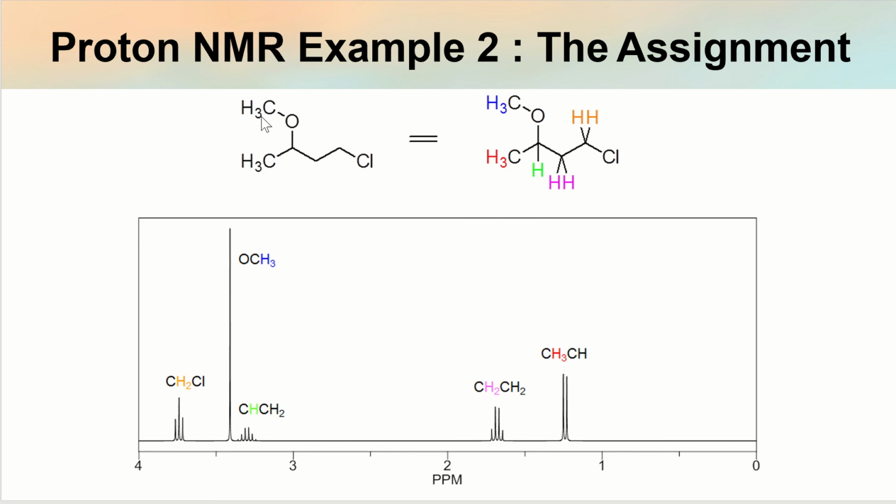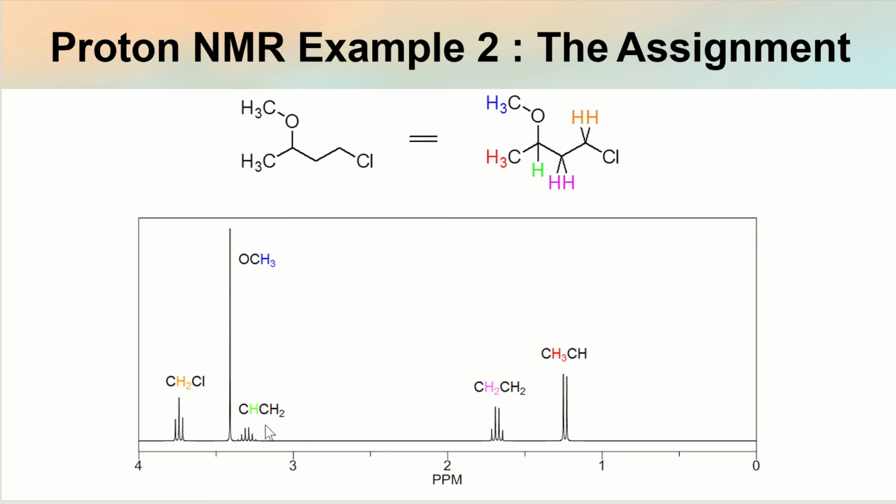And it is clearly a singlet, and we would expect it to be a singlet because the protons are attached to a carbon that is attached to an oxygen. And we would expect it to be de-shielded as well because it is in close proximity to an electronegative atom.